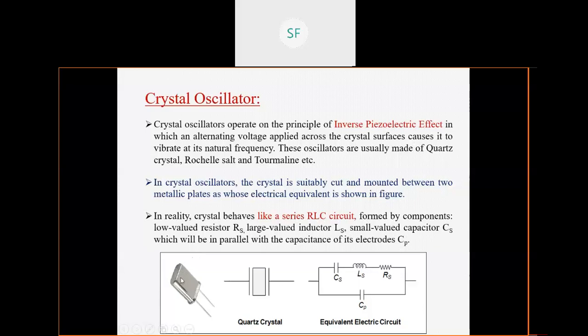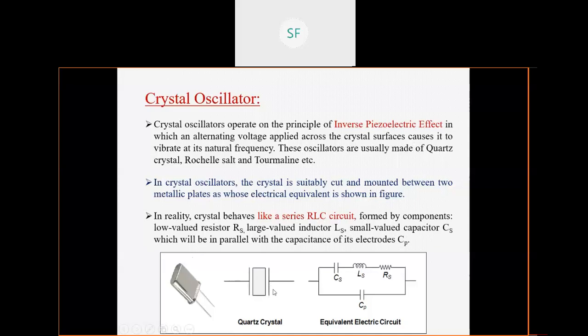This is the symbol of your quartz crystal or crystal oscillator. Mostly quartz material is used in a crystal. Here you can observe that this rectangular part is the crystal, placed between two metallic contacts.